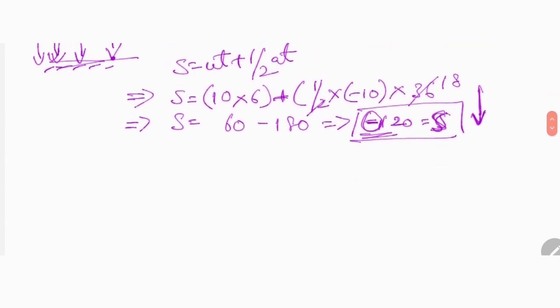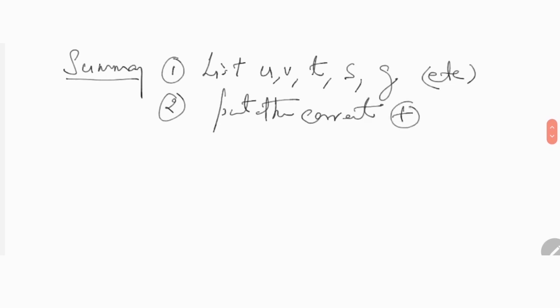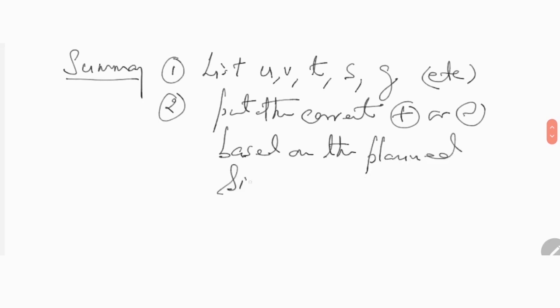So just to summarize, first point is list U, V, T, S, G, etc. Second is put the correct positive or negative based on the planned sign convention.